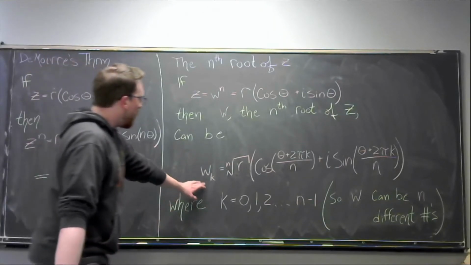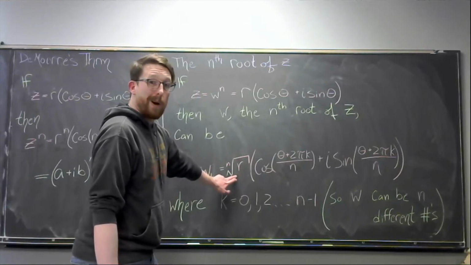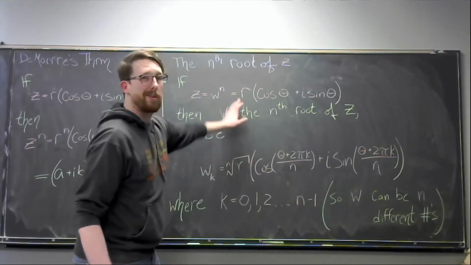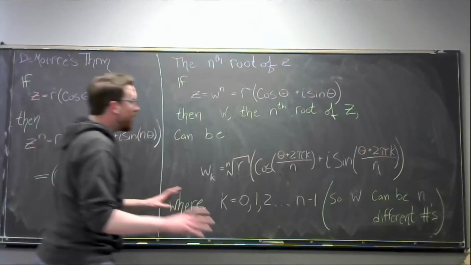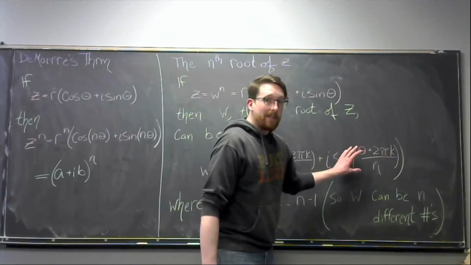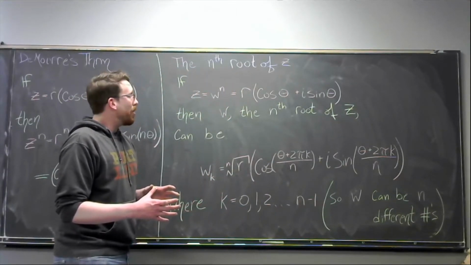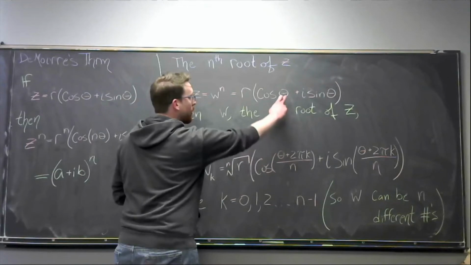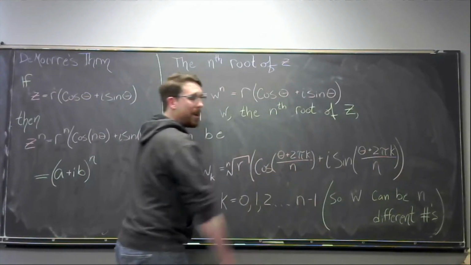So w_k is equal to the nth root of your modulus, of your original r value, that's easy enough, times the quantity cosine plus i sine, where your angles this time are going to start off with your original angle. You're going to add 2 pi k to them, and you're going to divide by n.